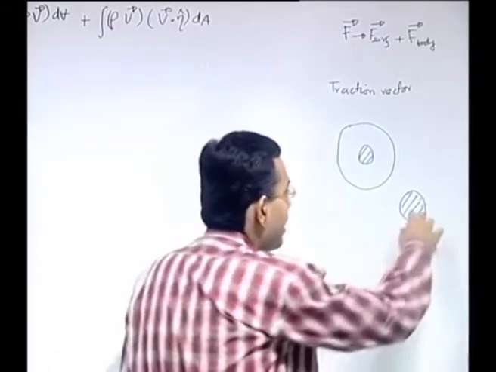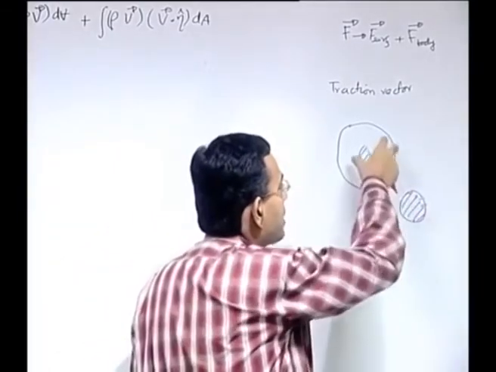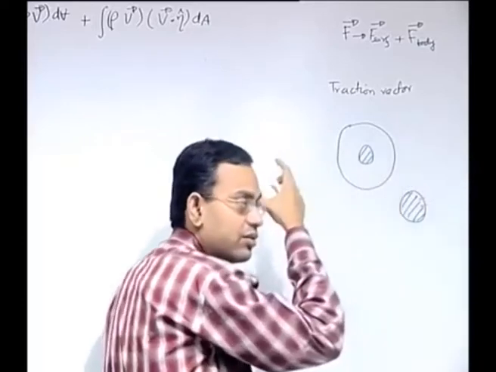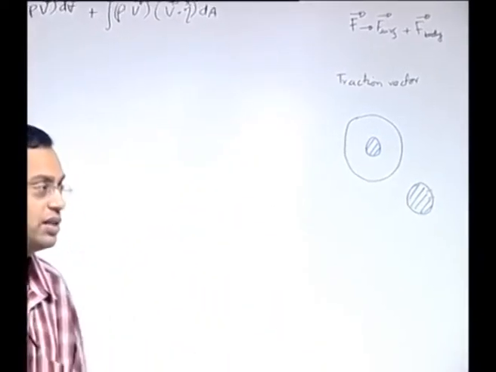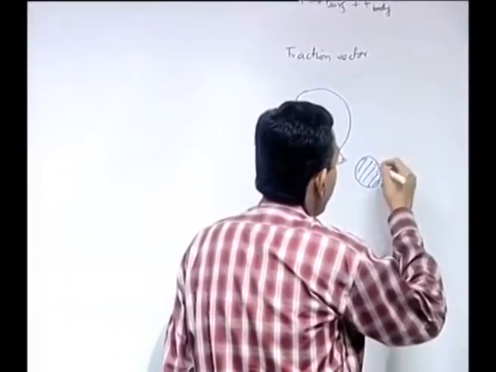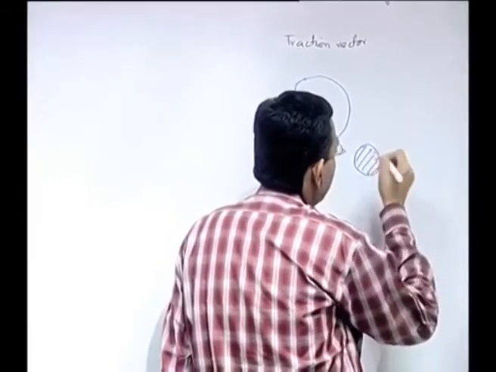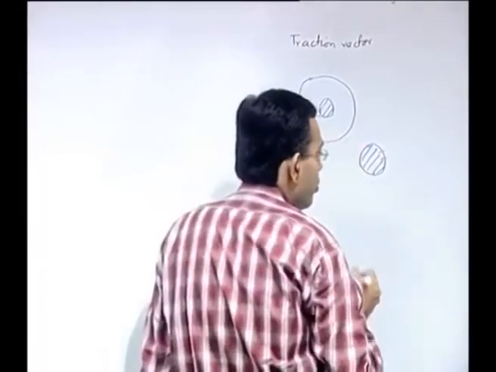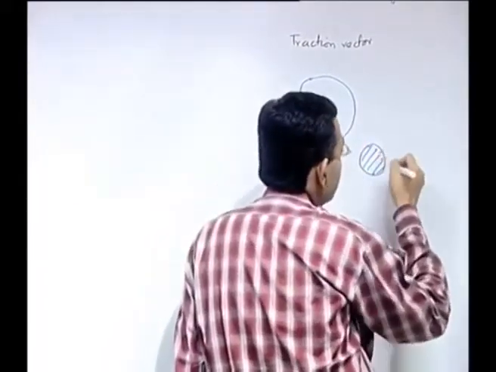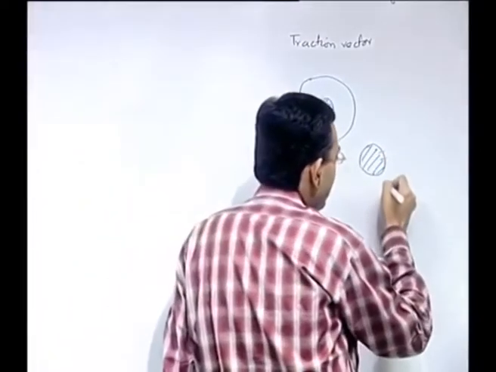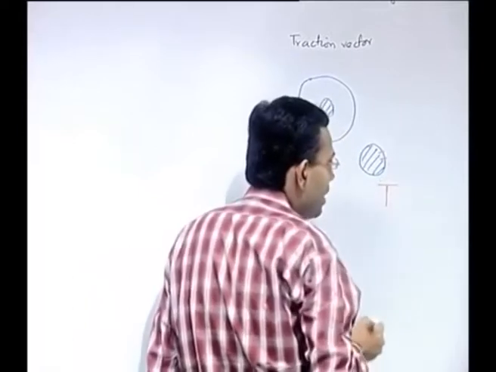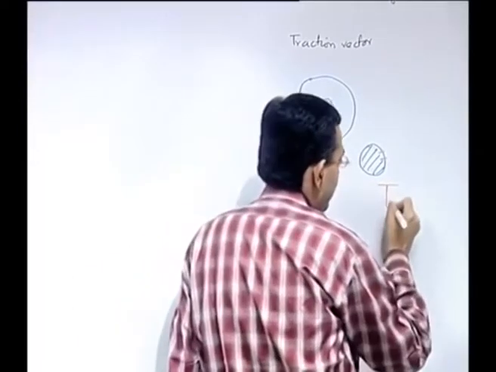So that interaction force can now be represented because you have removed this chunk from the material, as if you were drawing a free body diagram of the chunk. When you are representing the surface force, you can represent it in different ways. One of the representations is through a force per unit area. When that is done, it is usually represented by a vector called the traction vector.